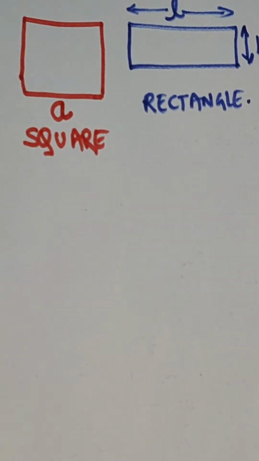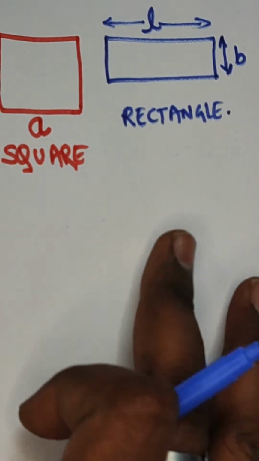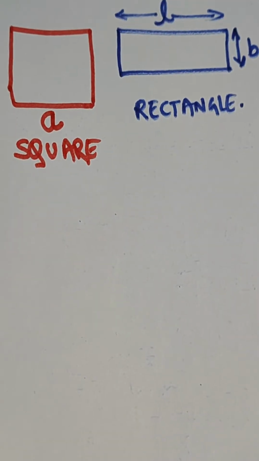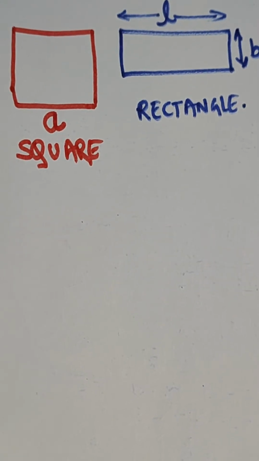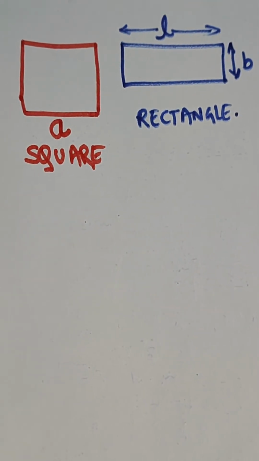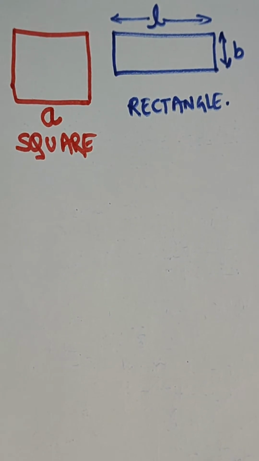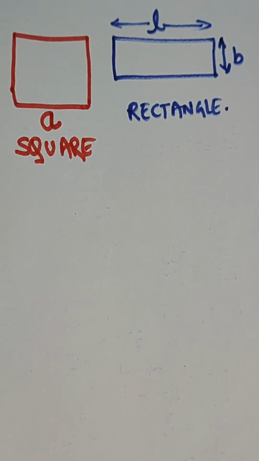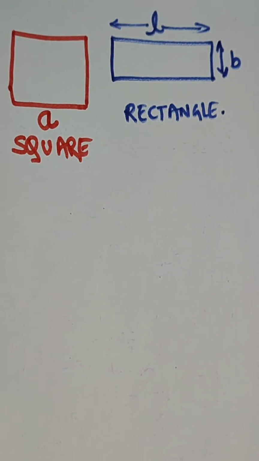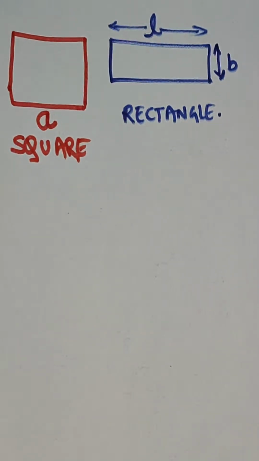Now from this data, we can see that the length of the rectangle is thrice as long as the side of the square. So what is the length of the rectangle, my dear friends?